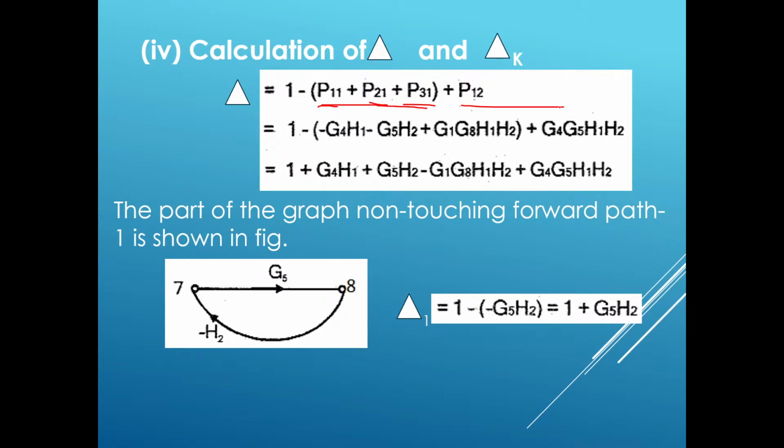How many non-touching combinations of loop gains did we get? Only one, so plus P12. Just substitute all those things here and you will get the delta. So delta is equal to 1 plus G4 H1 plus G5 H2 minus G1 G8 H1 H2 plus G4 G5 H1 H2.